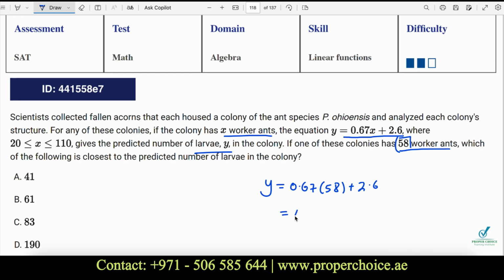So the value is going to be 41.46. Whenever we are talking about things in a count, we have to take a whole number only, so the closest value among all these is going to be 41. So this makes sense with option A.